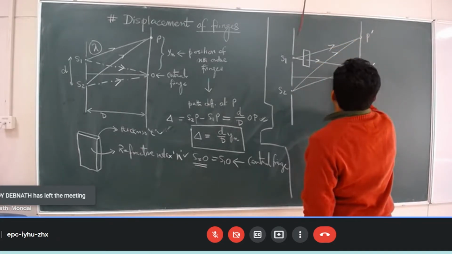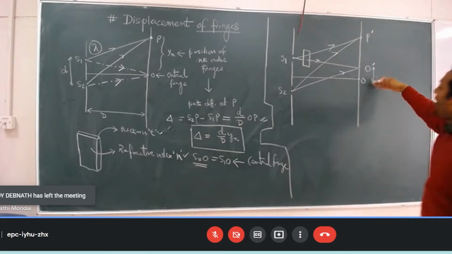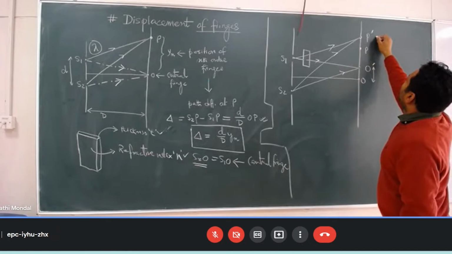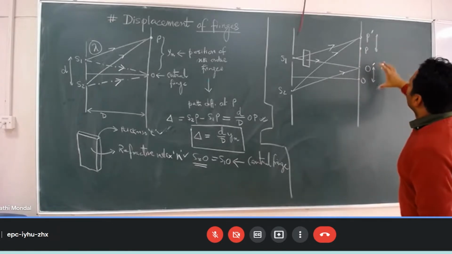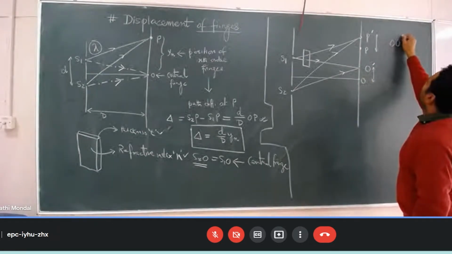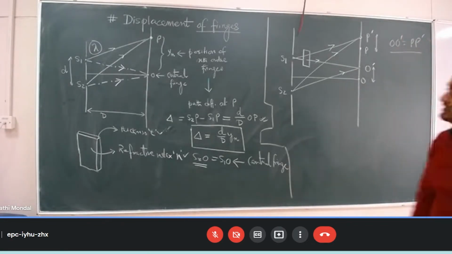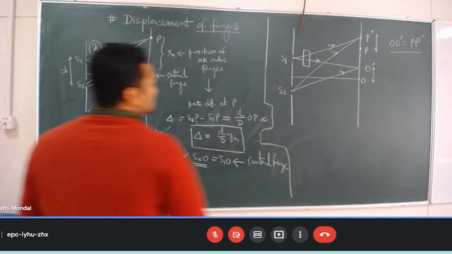So now what we are doing, we have to calculate how much. If previously P was here, then O dot will be P dot, because the whole fringe system will displace by the same amount.